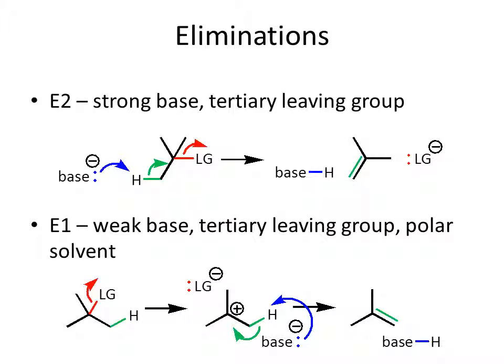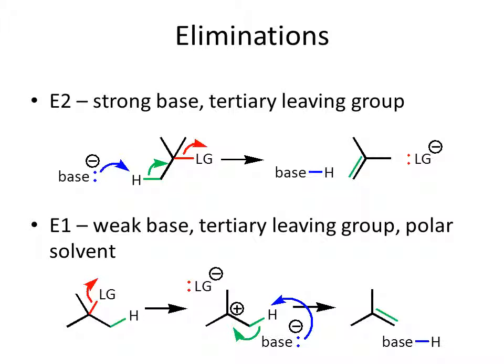Stronger bases will tend to favor the E2 elimination because in that case the base is part of the rate limiting step. But weaker bases won't do E2 elimination, but they can take part in the second step, which is not rate limiting, for an E1 elimination.